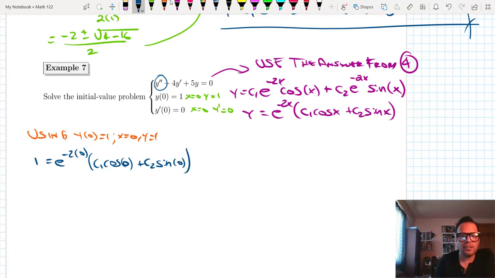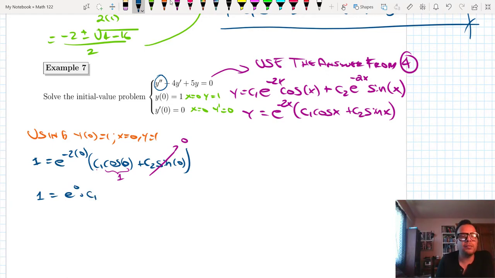Okay, so what is sine of 0? In this case, some terms are going to get simplified. This is 0. And cosine of 0 is 1. 1 times c1 is just going to be c1 that multiplies the exponential part. So this will be 1 that multiplies e to the negative 2 times 0, which is 0, times c1.